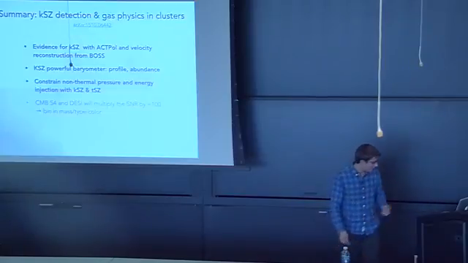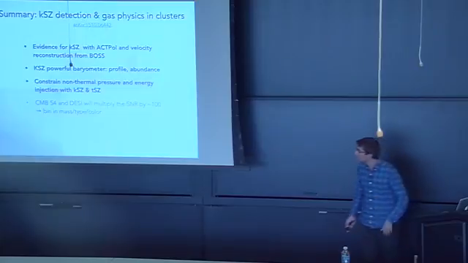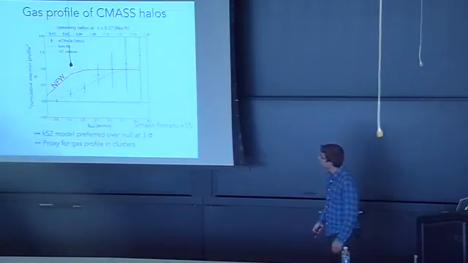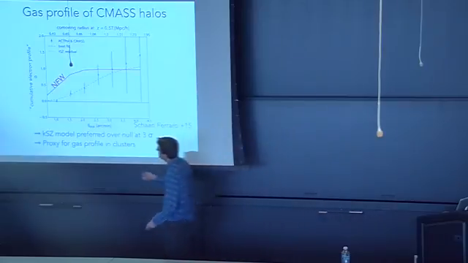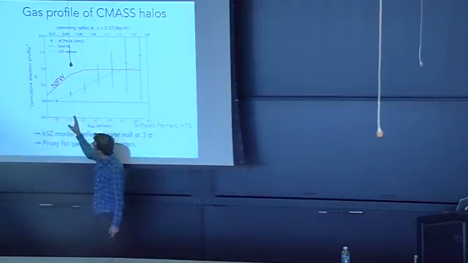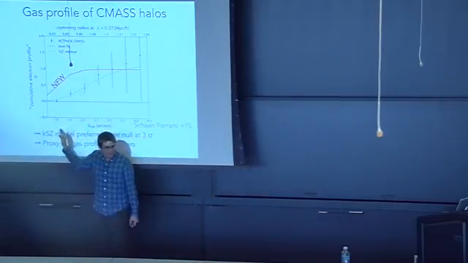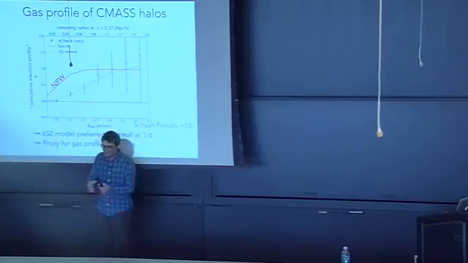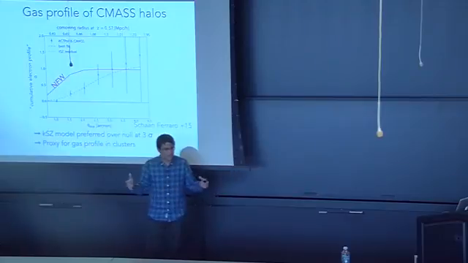Yeah. So something I should have pointed out is that we're going to scales that are really hard to probe with X-ray. So to give you an idea, around here is basically the virial radius of our objects. And in X-ray, it's very difficult to probe the gas beyond this.